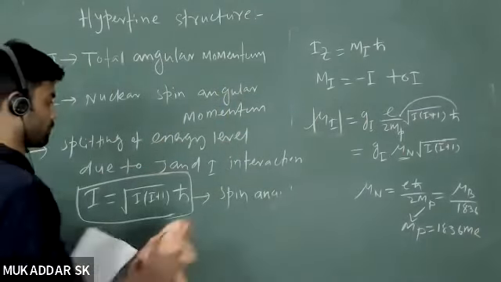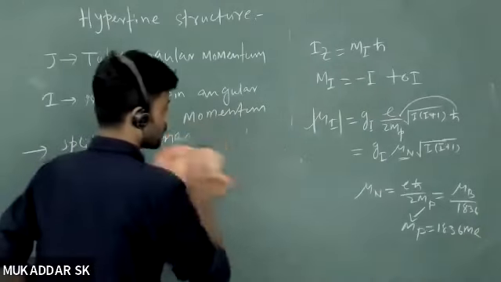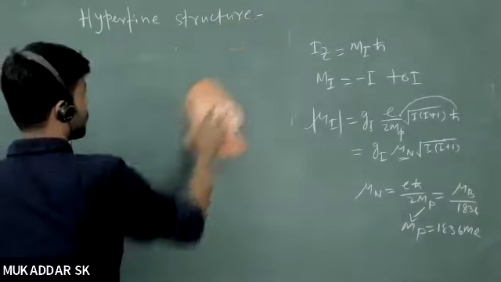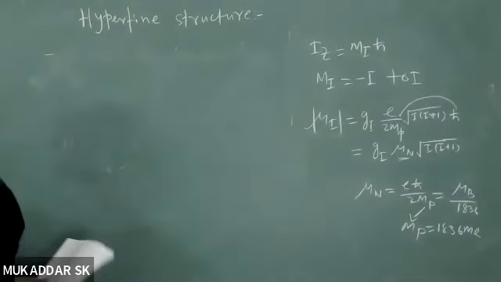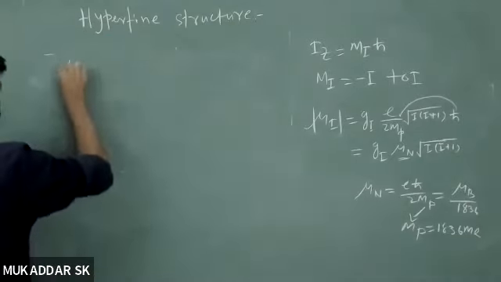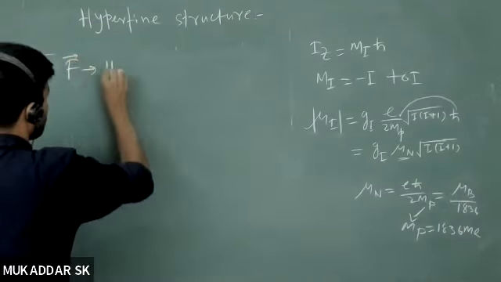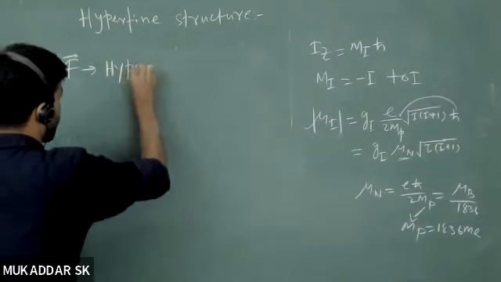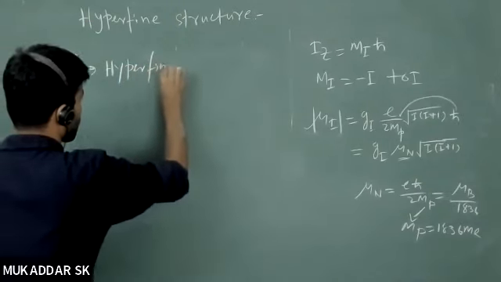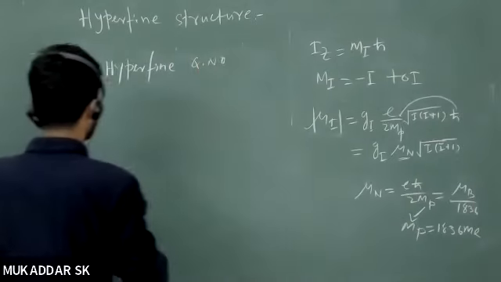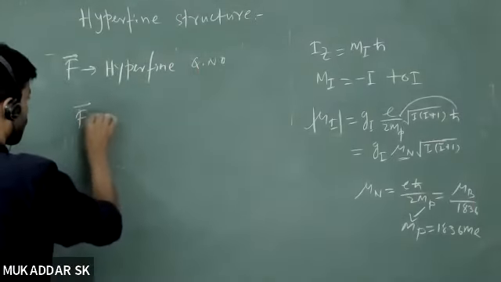So now, there is an interaction between J and I. For that, let me define F. F is your hyperfine quantum number. Then F can be what?